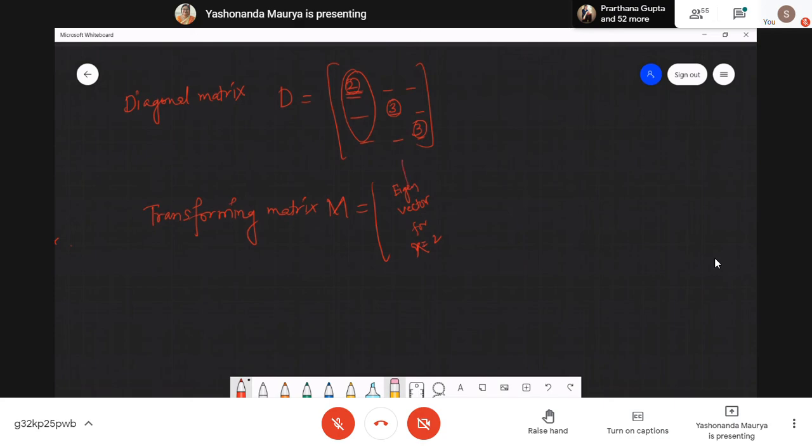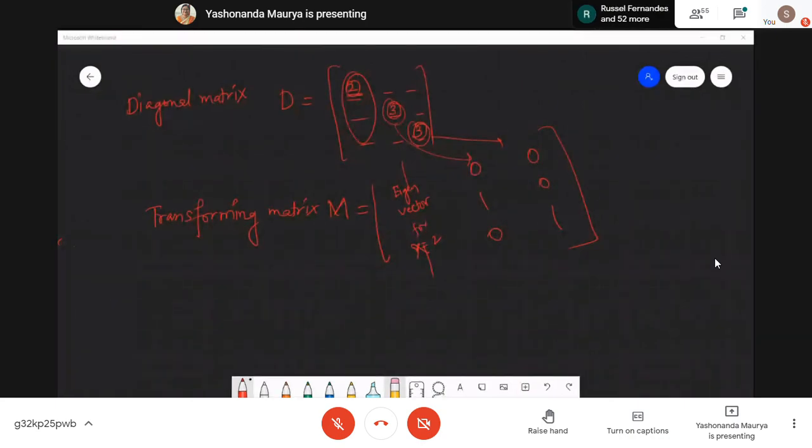I'll write it in the column fashion. Okay, what appears as the second column of this particular matrix? It is the eigenvector corresponding to 3. So it was 0, 1, 0. For this 3, I'll have 0, 0, 1. Okay, this is the way we write it. Is this clear now? Yes, ma'am. Okay, so that's all that we have.